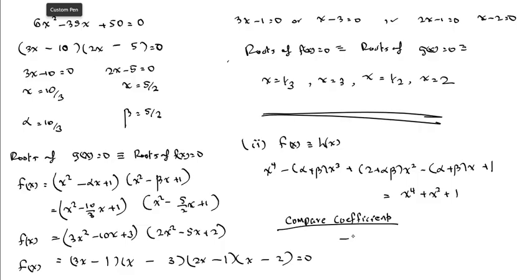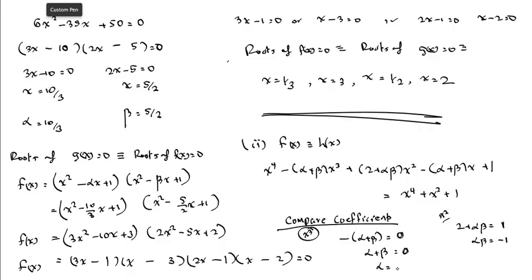So if you consider x to the power 3, comparing coefficients, minus (alpha plus beta) equals 0, so alpha plus beta equals 0. Then if you consider x to the power 2, 2 plus alpha beta equals 1, so alpha beta equals 1 minus 2, which is minus 1.